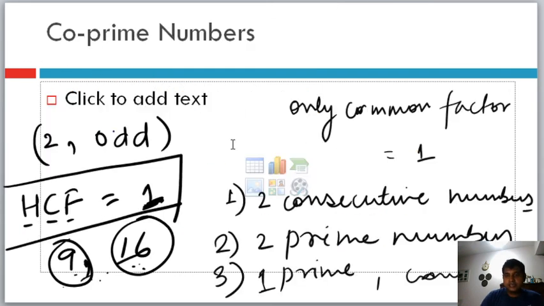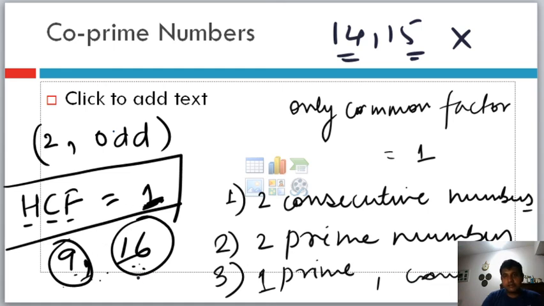See, one of them must be prime, and this is the example we talked about: two consecutive numbers, okay? So for example, let's take two consecutive numbers where both the numbers are not prime. It is 14 and 15. Both of them are not prime, okay? So false. Two prime numbers are obviously always co-prime. One prime and one composite can be, we talked about that.